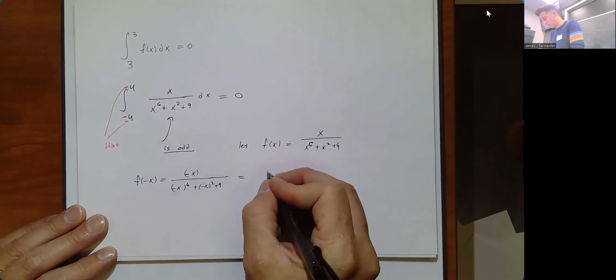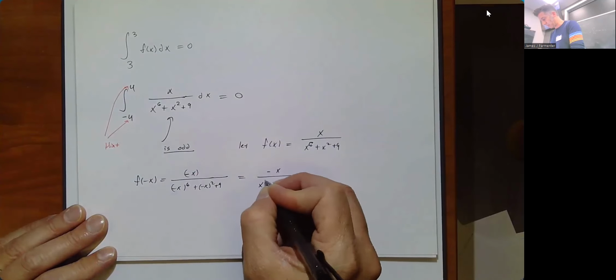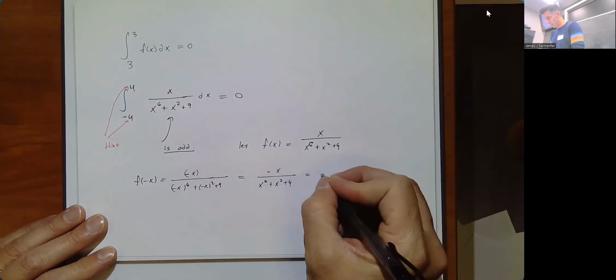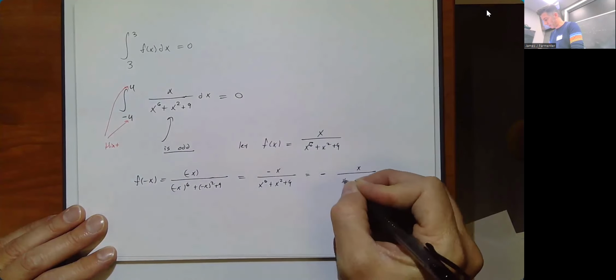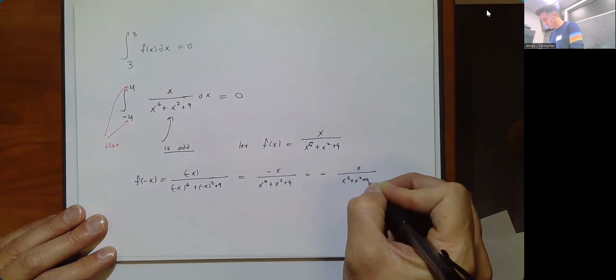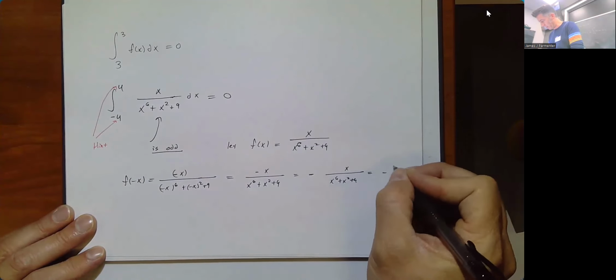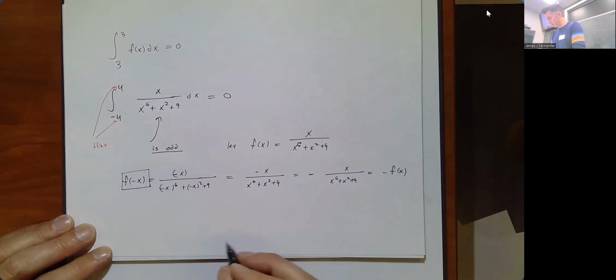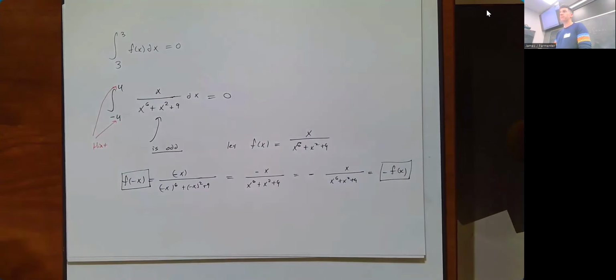Simplify, you get -x over x to the 6th plus x squared plus 9. Then you can pull out the -1 and say that's negative x over x to the 6th plus x squared plus 9, which is equal to negative f of x. And that is what you have to show for a function to be odd: f of -x is equal to negative f of x.